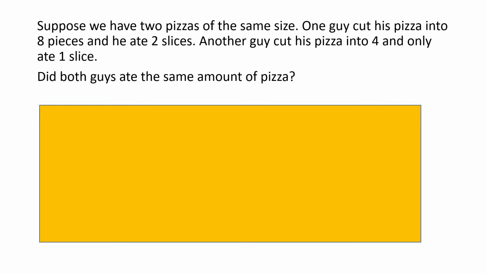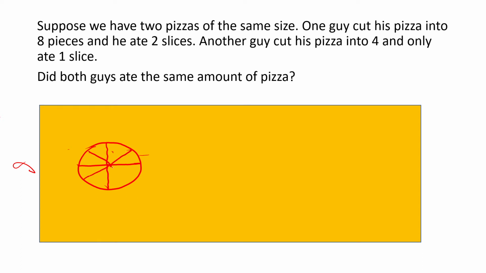Well, the easiest way to do it is to draw, but I am a bad drawer, so I'm going to apologize in advance. So here's the first pizza, and it's cut into 8 slices.